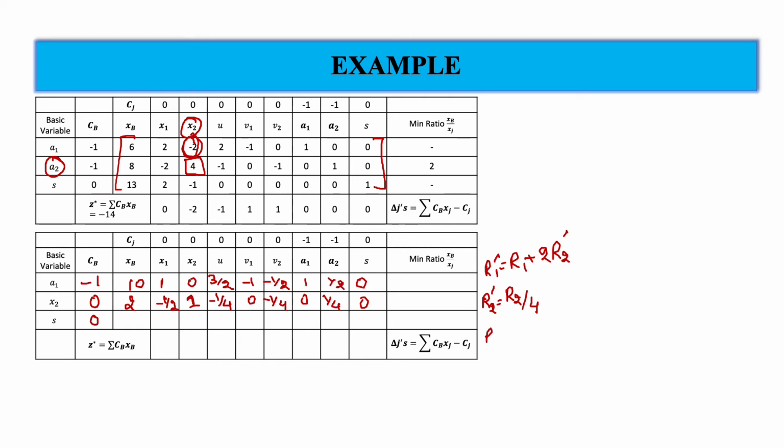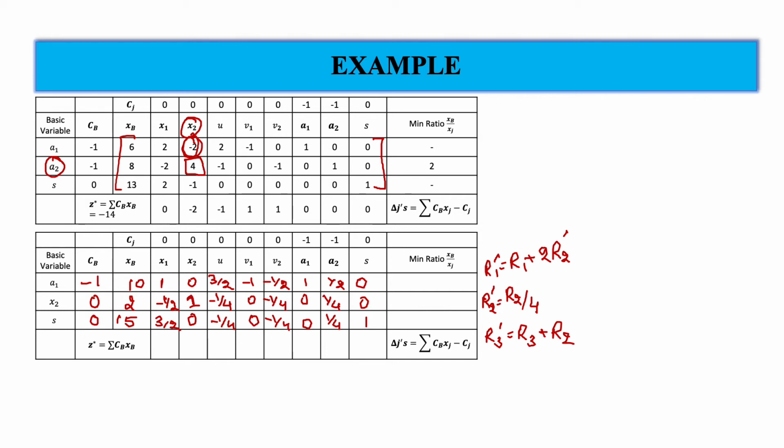Similarly new r3 is old r3 plus, this is -1, so simply add the new pivot row. So the column element will become 0, and the same operation applies to the whole row. So it is 15, this is 3 by 2, this is -1 by 4, 0, -1 by 4, 0, 1 by 4 and 1. Okay, so this is now the new simplex table.